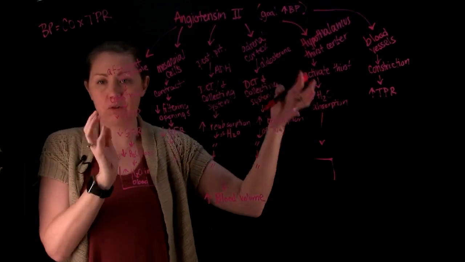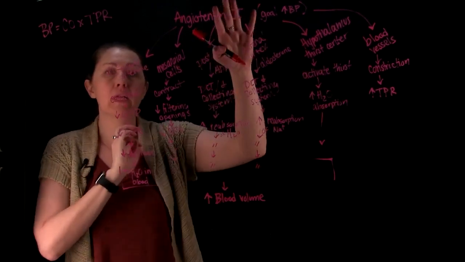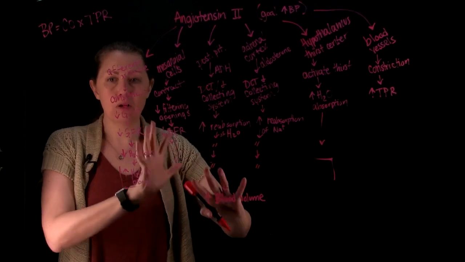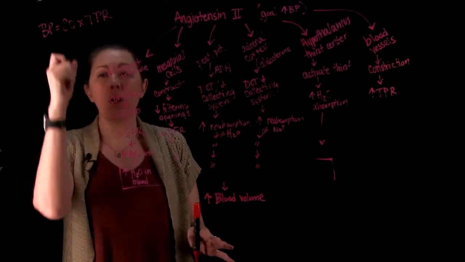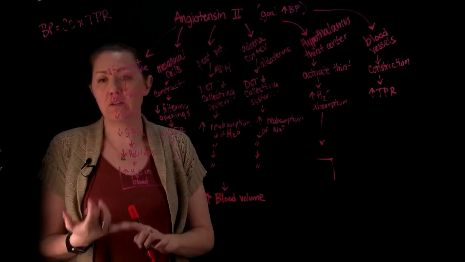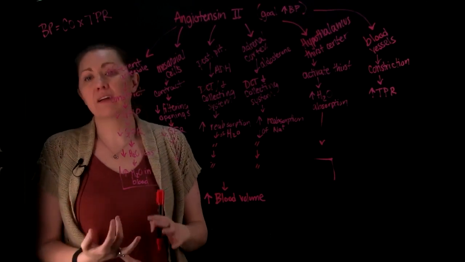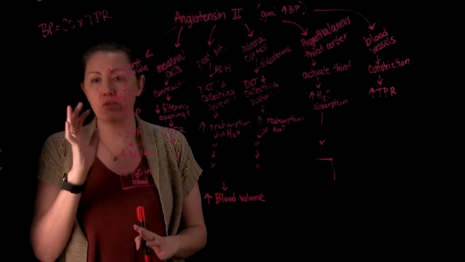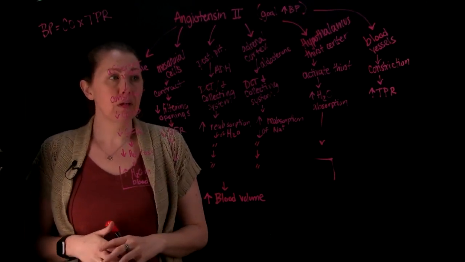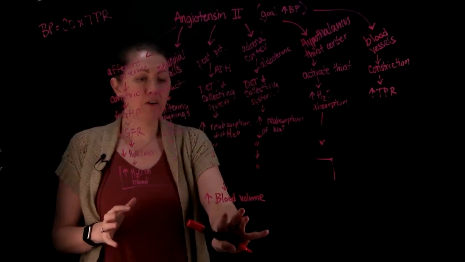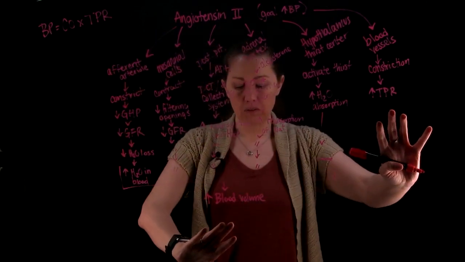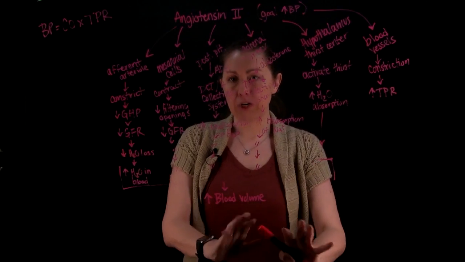That's not part of the story. We're focusing on that interplay between our endocrine system and our kidneys and what the kidneys are up to. But at the same time that you're doing all of this, you're increasing your heart rate and contraction force as well because you've activated your sympathetic nervous system. So a lot kind of going on here. So increasing blood volume, squeeze the blood vessels, those will increase blood pressure.